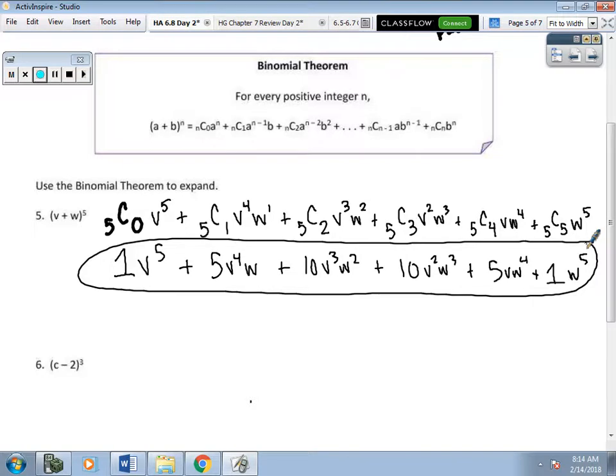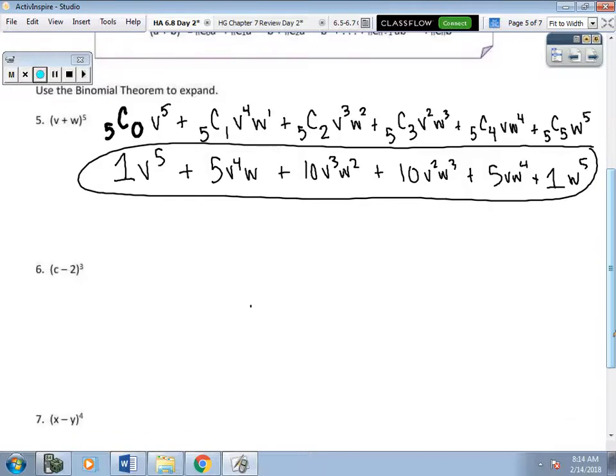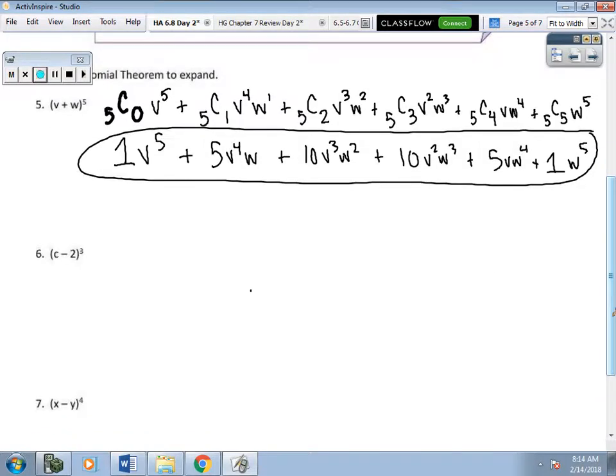Now in the next one, we do have actual numbers. Instead of a and b or v and w, we have variables and numbers. So again, you're going to do this as if it were a plus b to the 3rd. We'll do one more with the binomial theorem.